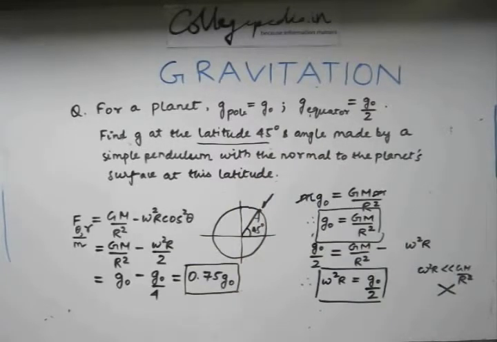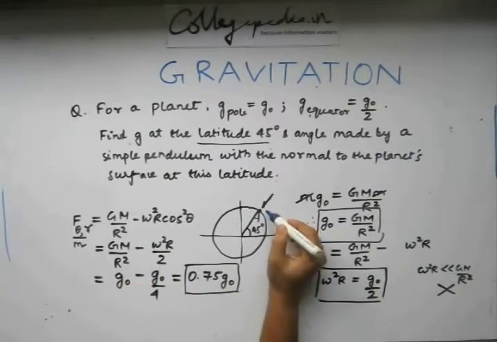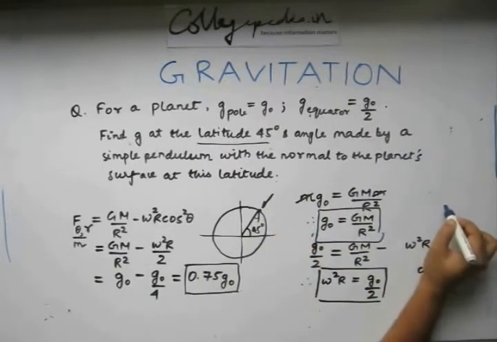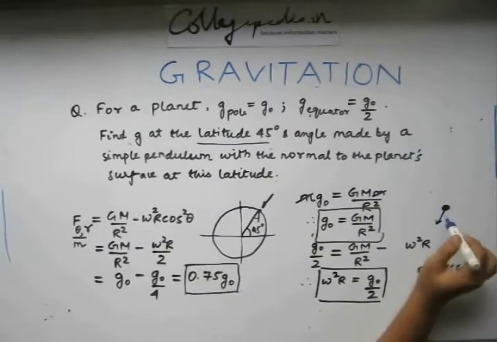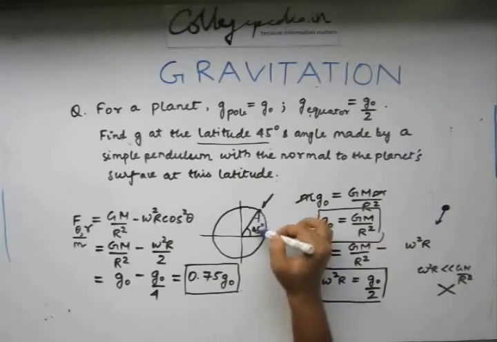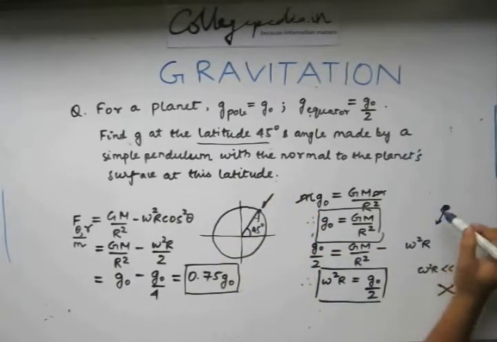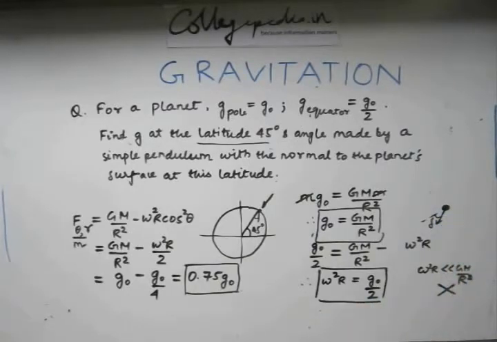Now we need to find the angle made by a simple pendulum with the normal. Note, if we bring a pendulum here, it is going to be attracted by the net force. A pendulum has some mass. This will be attracted only in the direction of net force. The direction of net force makes an angle of delta with the normal. Let's say this is the normal, so this is delta. What we need to find out is tan inverse delta.